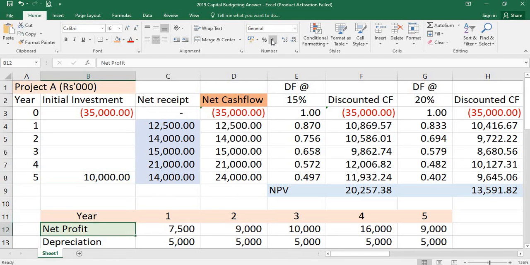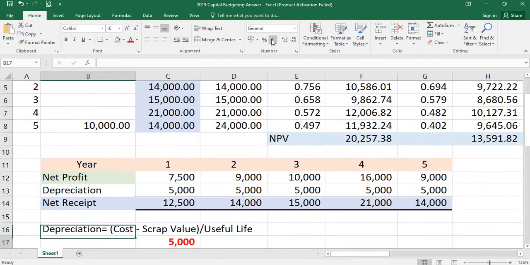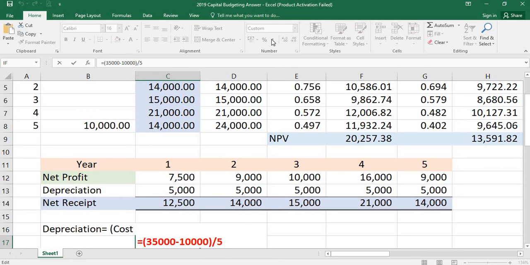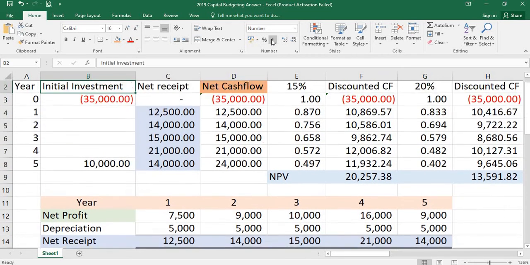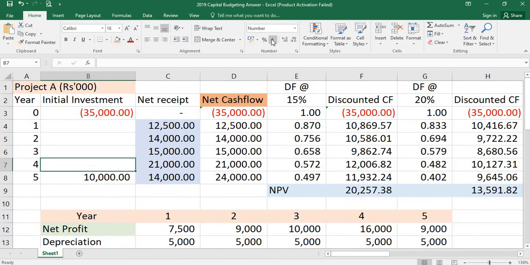The 10,000 is the scrap value we deducted here. Machinery used for project A can be disposed, then it's going to be another income.